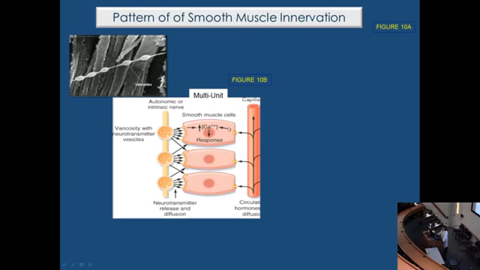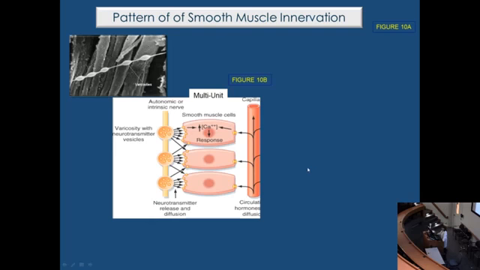That means each cell, in order to contract, needs to be under the influence of the innervation, as illustrated here. We have the varicosities. They release the neurotransmitters that diffuse and directly activate the cells, and maybe they can reach neighboring cells. But basically, each cell needs the input of this varicosity.